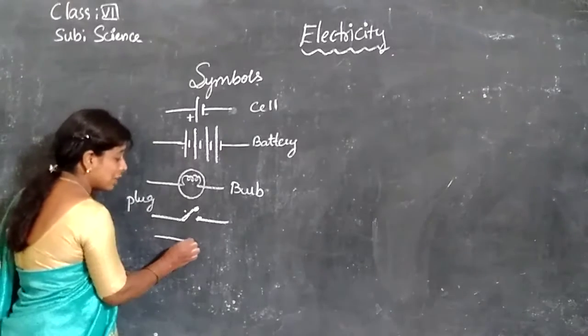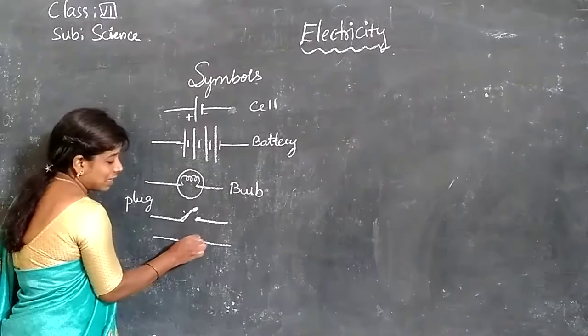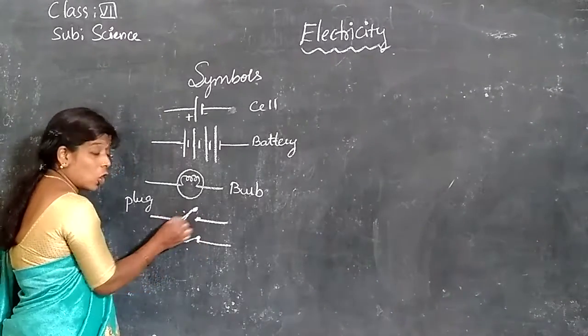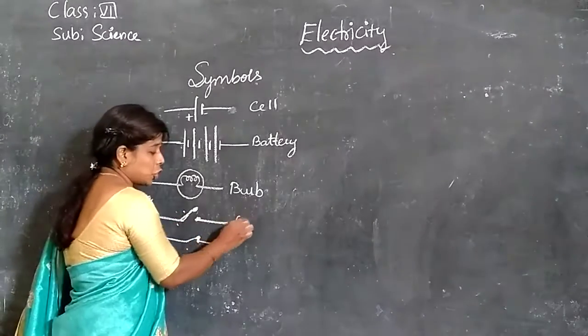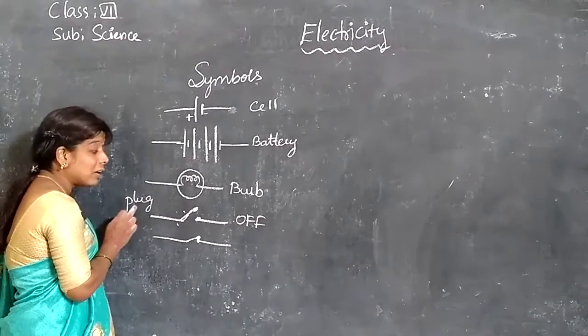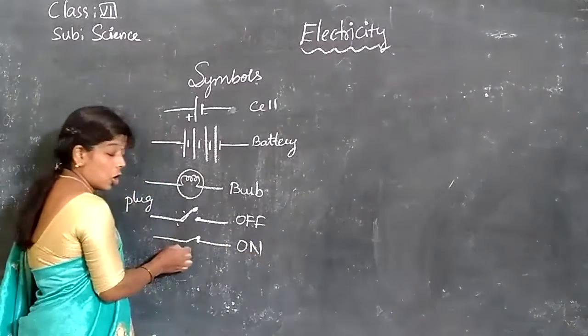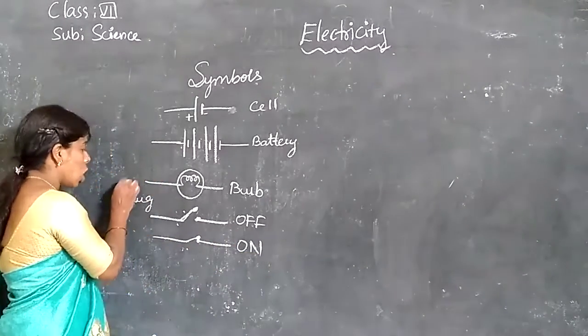Observe these plug symbols also. See, when these are not in contact, that means off position, switch off, the circuit is open, it is not passing current. Here is the on symbol, plug or key.